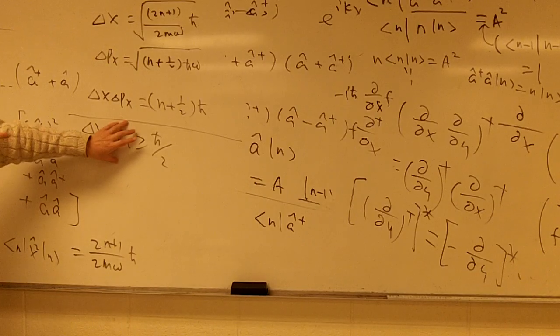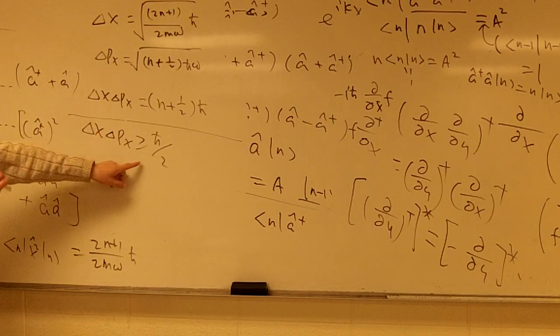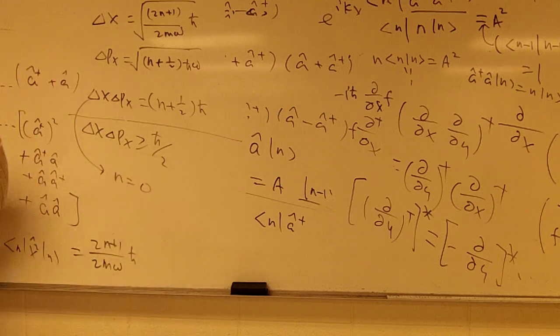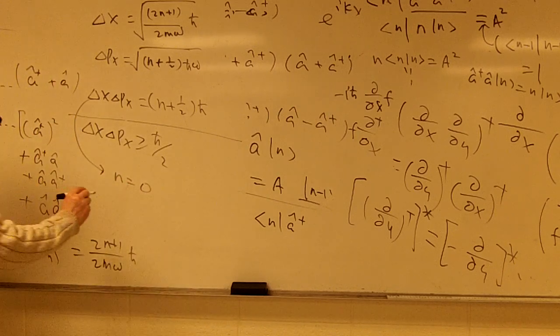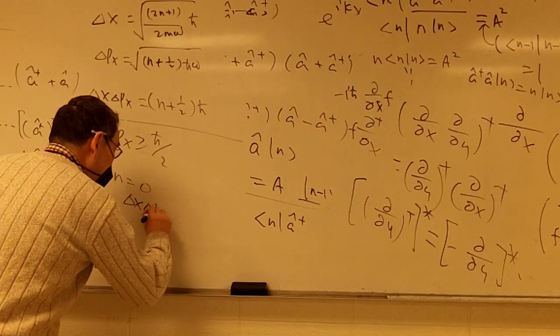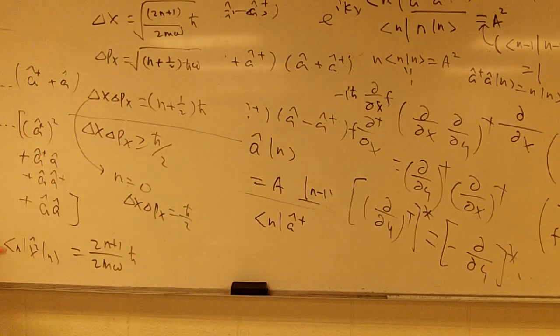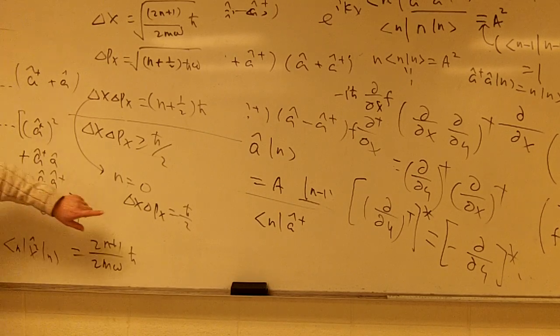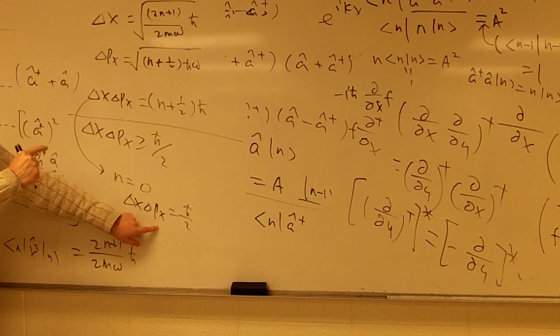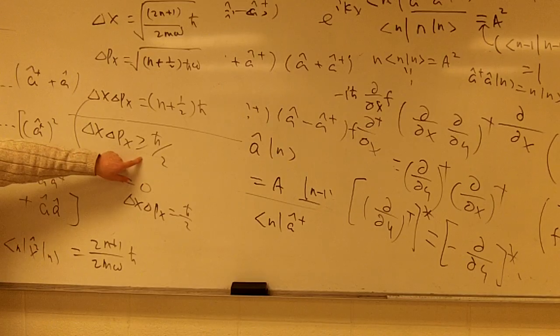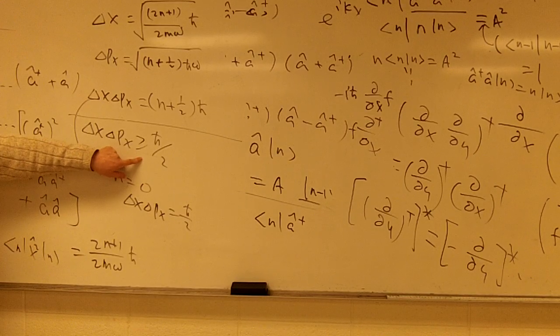Did you see, for n equals 0, delta x delta px just equals 1/2 h bar. In other words, that is the lowest possible uncertainty you will get; you cannot be better than this. The lowest uncertainty is precisely at the uncertainty principle's limit.